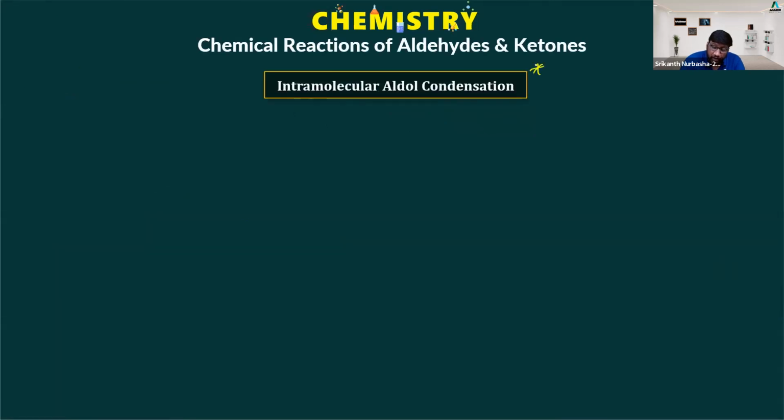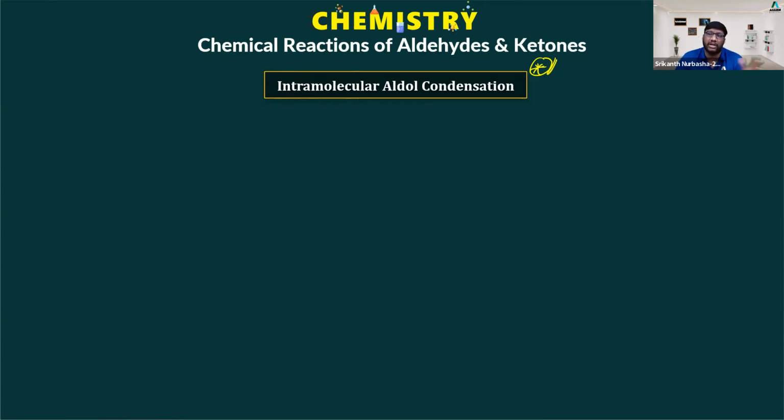Next comes the question intramolecular aldol condensation. I have told you this intramolecular aldol is combined with one more reaction, very famous. Intramolecular aldol is always fused with which type of reactions? Like first you will do the ozonolysis. Yeah, very good.